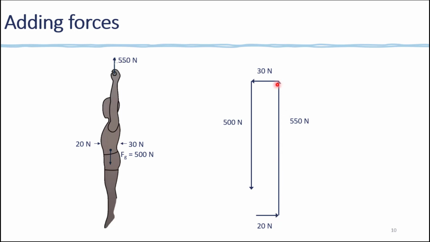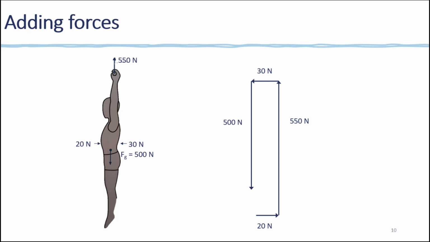Okay, then we have a 30 Newton force acting towards the left or towards the front, and a 500 Newton force acting downwards at the head of this 30 Newton force. So you should have a drawing that looks something like this if you attach all of your forces together.